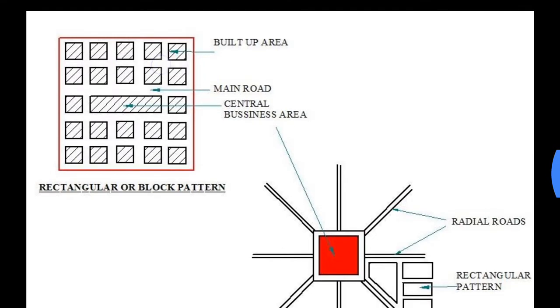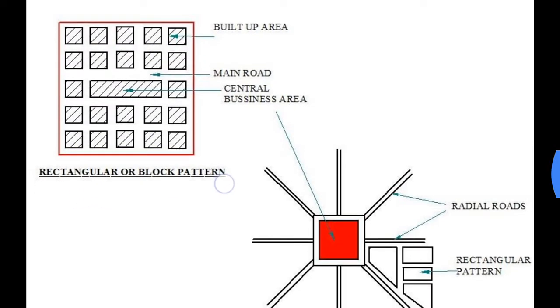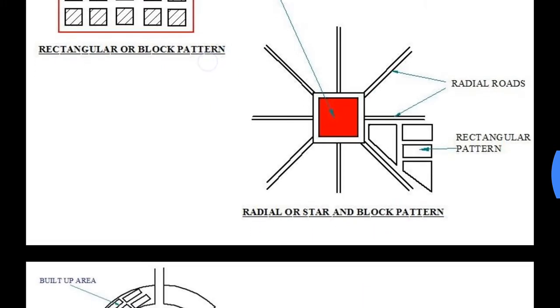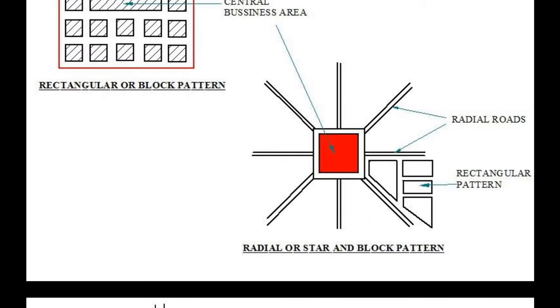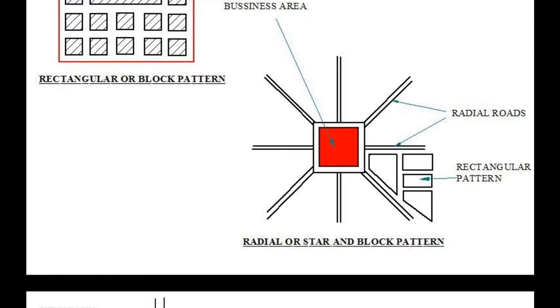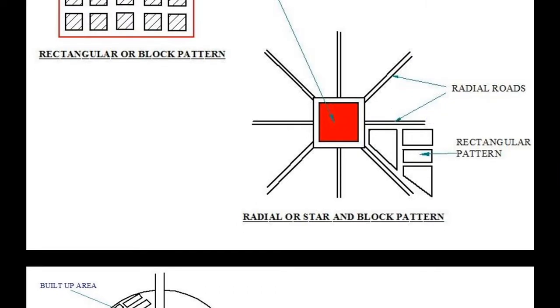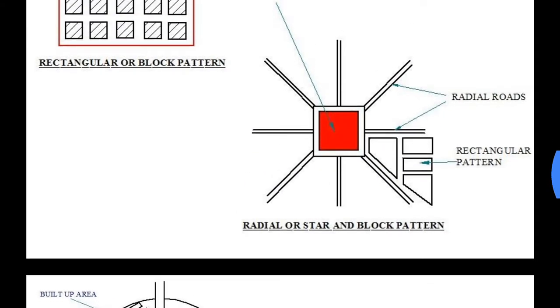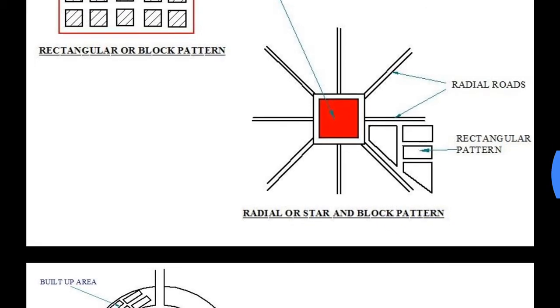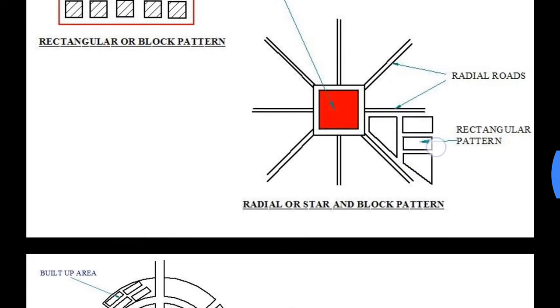So this is the first type of road pattern, which is rectangular or block pattern. The second type is radial or star and block pattern. In the radial or star pattern, the roads radiate from the center. Here you can see the roads are going outwards from the center. And in block pattern, the buildings will be in the shape of rectangles or blocks.